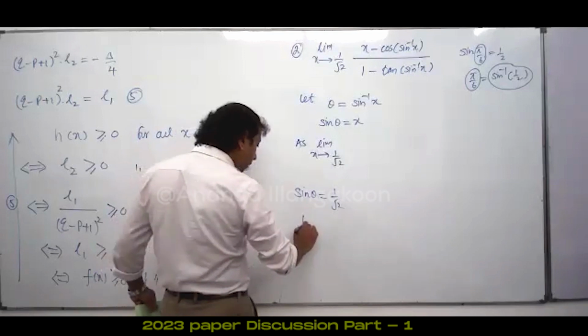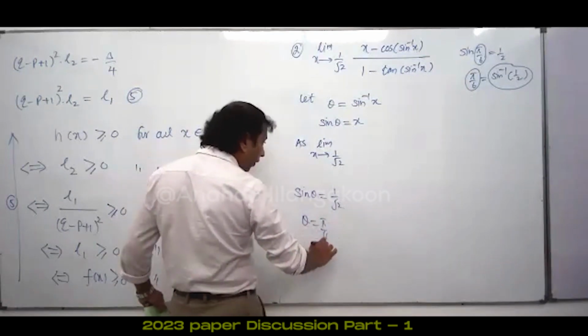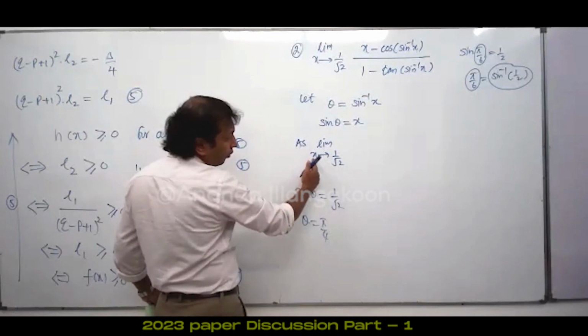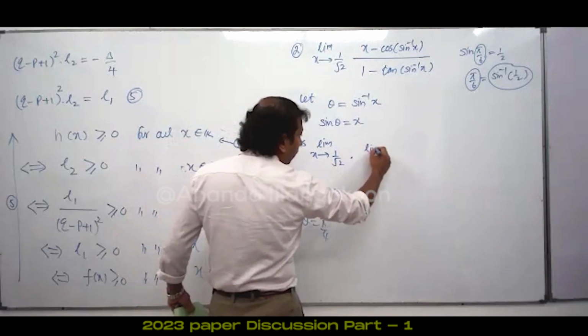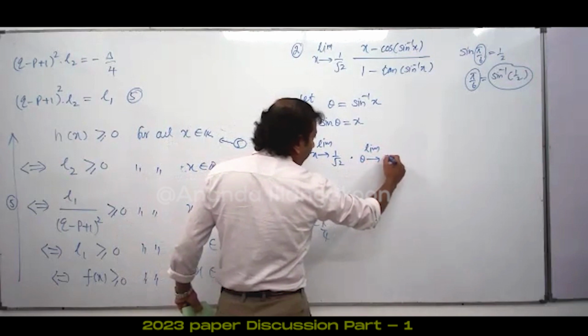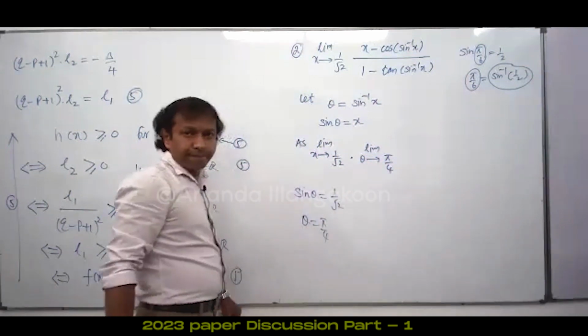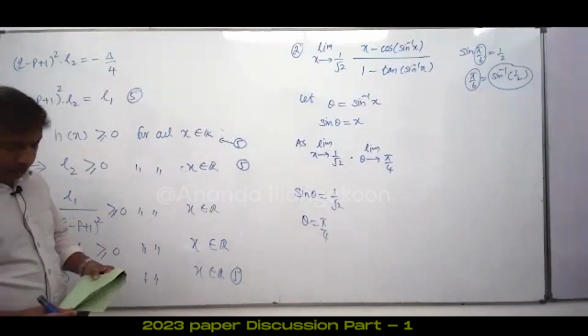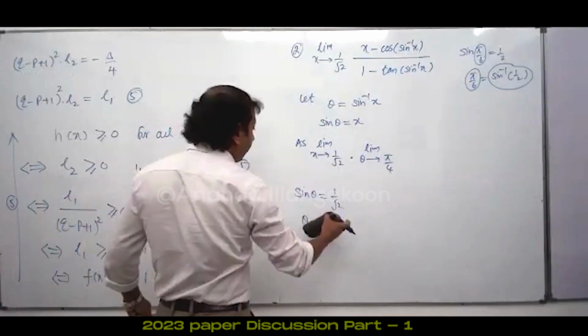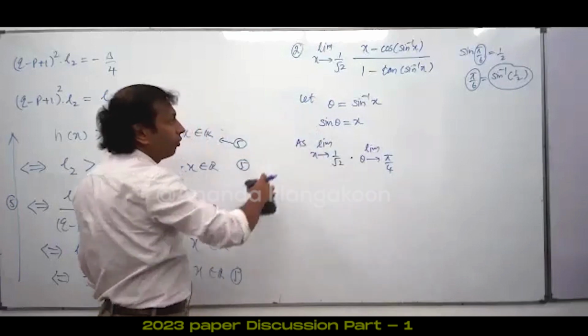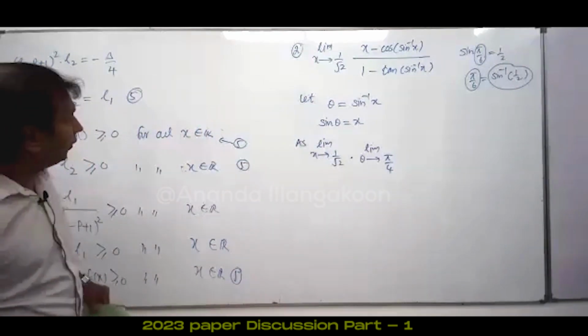This is theta equals pi by 4, no? That means limit x going to 1 over root 2 means limit theta going to pi by 4. Okay. Now, I can write this given question by introducing this angle theta this way.